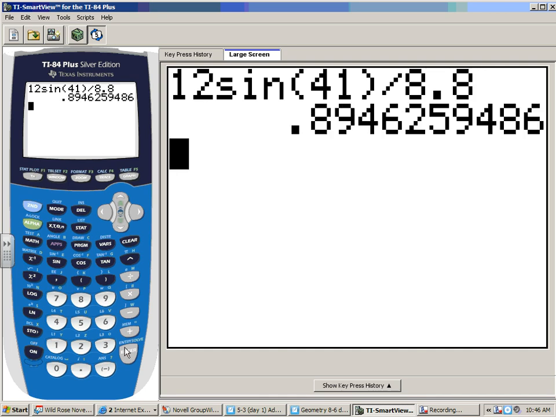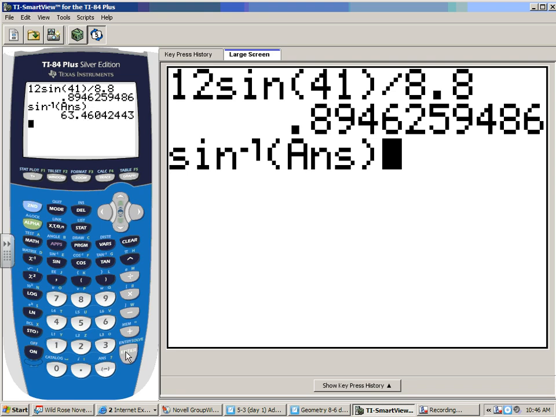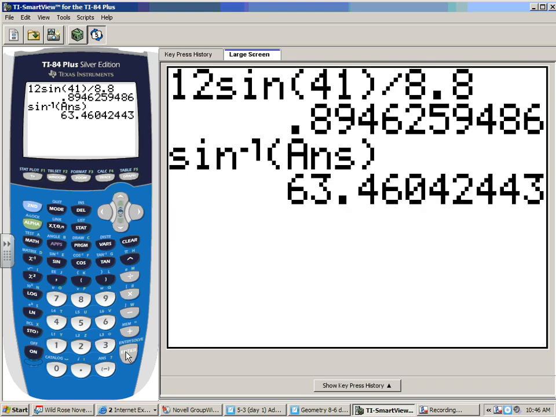Yeah, that doesn't seem like a very good angle. But again, you should get used to getting a decimal there because we do have to take arcsine of that. Is that answer believable? 63.5? Believable? Yes. Question?